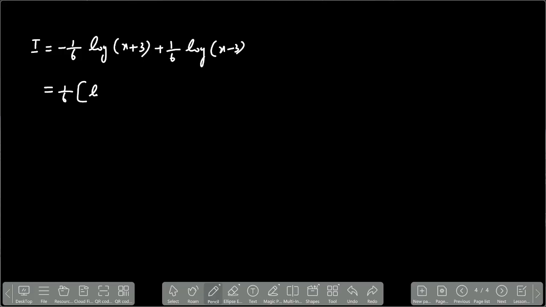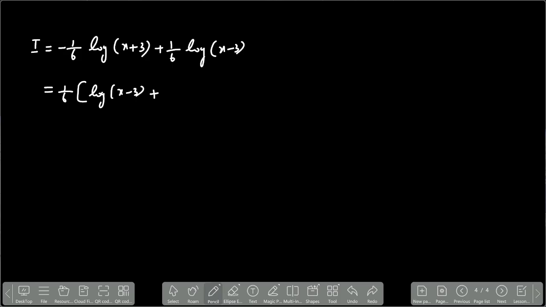I equal to minus 1 by 6 into log of x plus 3, plus 1 by 6 into log of x minus 3.